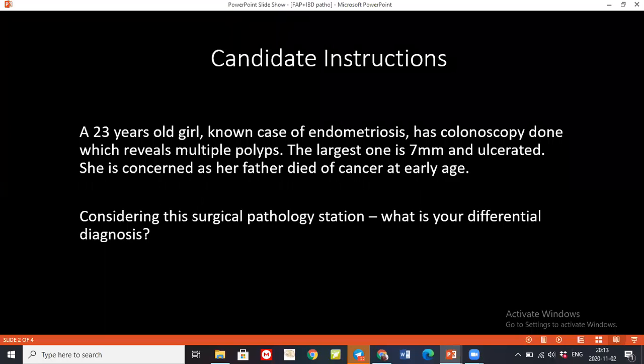Okay, good. How would you think of going ahead and managing this patient? She has the largest polyp, which is 7 millimeters, and it's ulcerated.